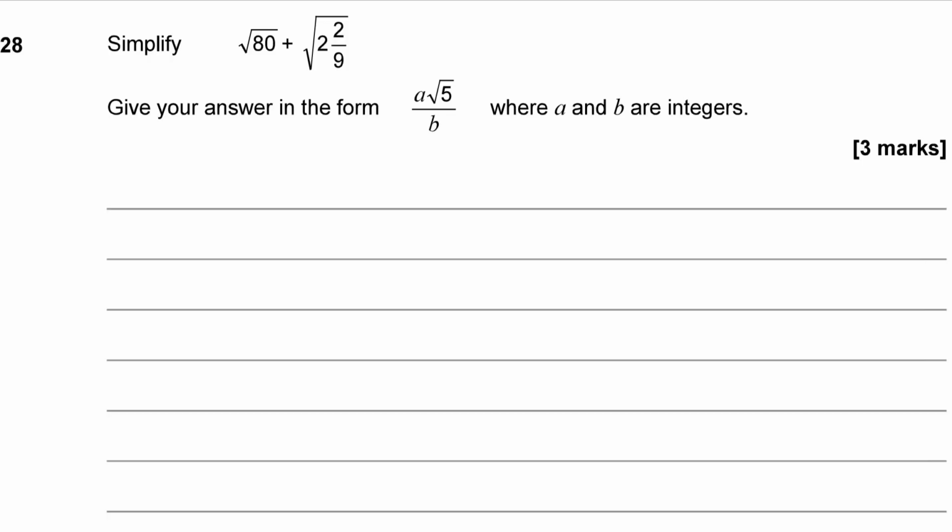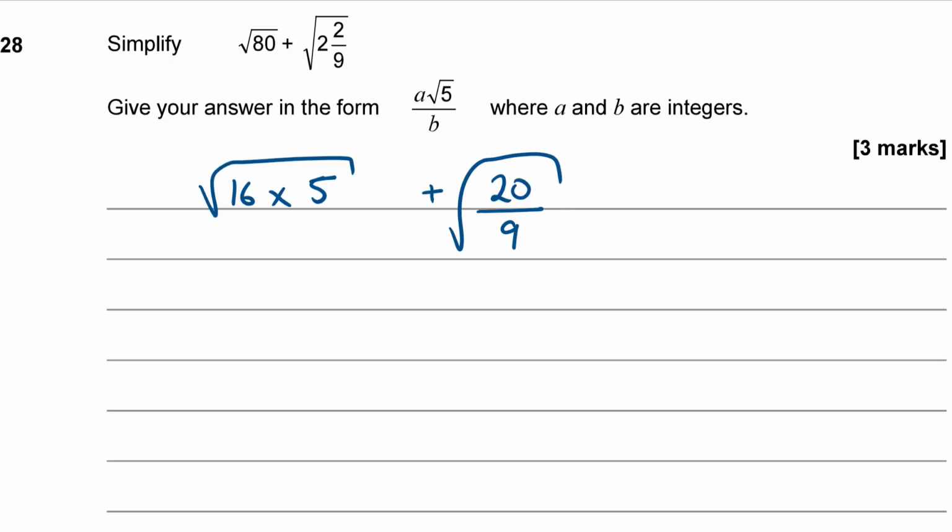So root 80 is the same thing as root 16 times 5. And I've got plus 2 2/9. So that's a mixed number, isn't it? What's that as a top-heavy fraction? 2 times 9 is 18, plus 2 is 20. So that is the same thing as 20 over 9, all square rooted.